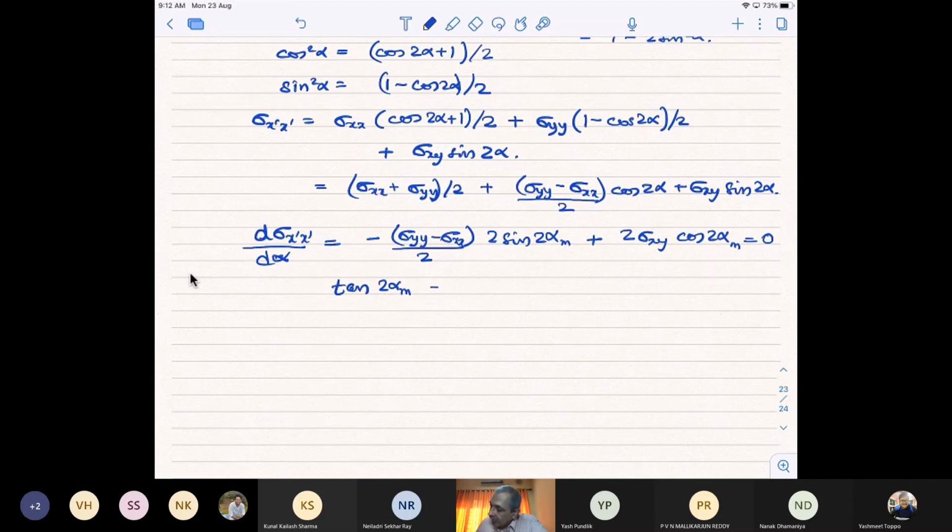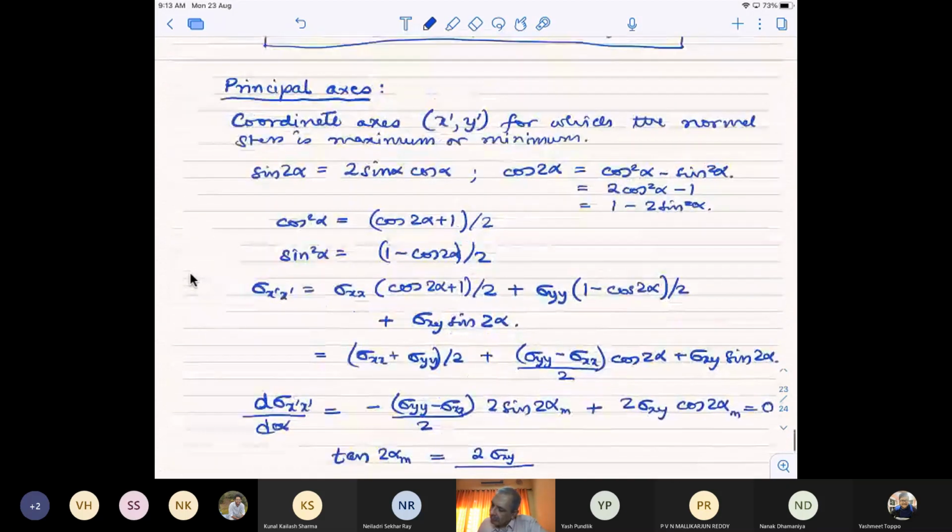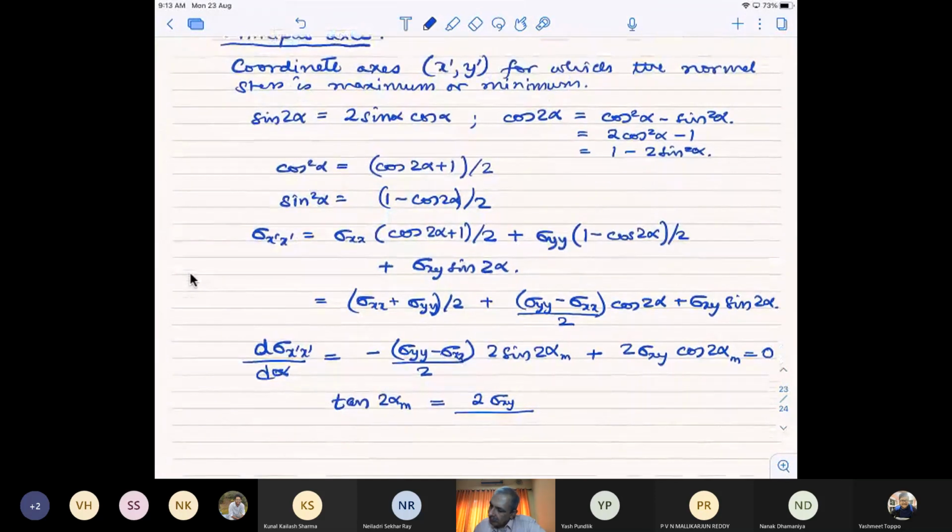So tan of 2 alpha m is just equal to 2 sigma xy divided by sigma yy minus... have I done it correctly? So this is the other way around.